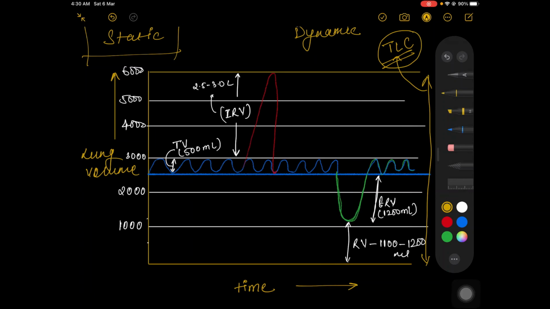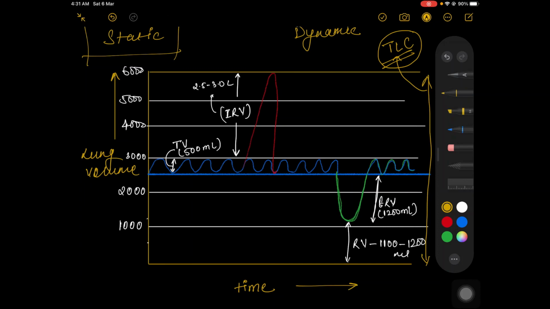So what is the total lung capacity? It is the maximum amount of air we can store in our lungs, around 5.8 to 6 liters, that is residual volume plus expiratory reserve volume plus tidal volume plus inspiratory reserve volume.